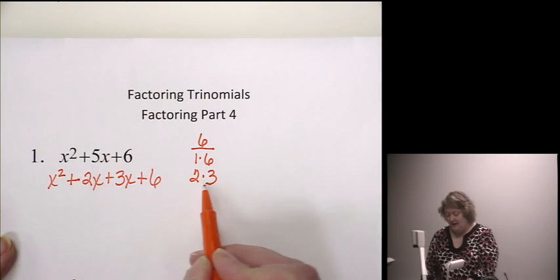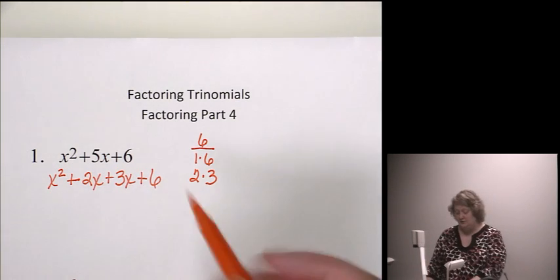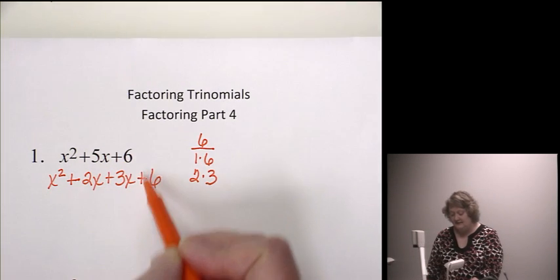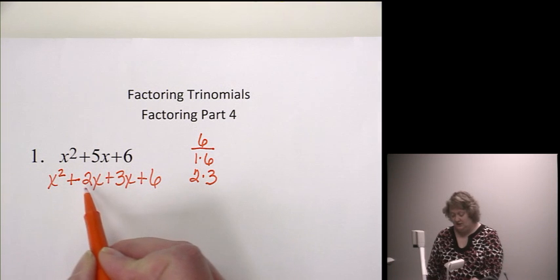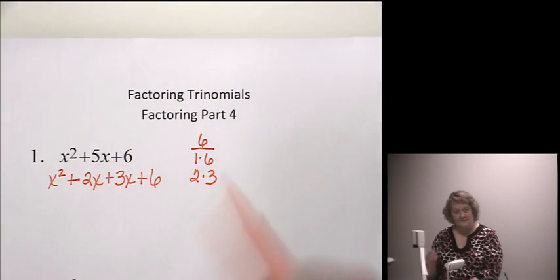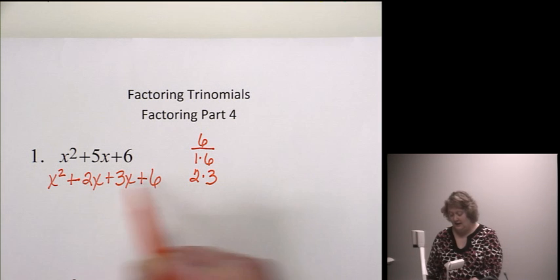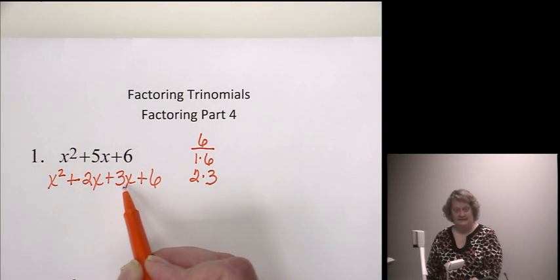We know this because if that last term's positive, our signs are both the same as that middle term, because 2x plus 3x gives me 5x. Then it makes that pattern that we know holds true: 1x squared times 6 is 6x squared, and 2x times 3x is 6x squared.